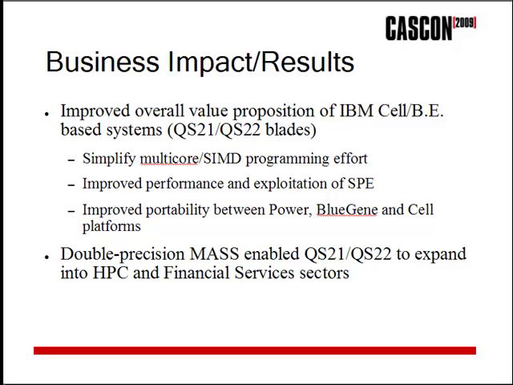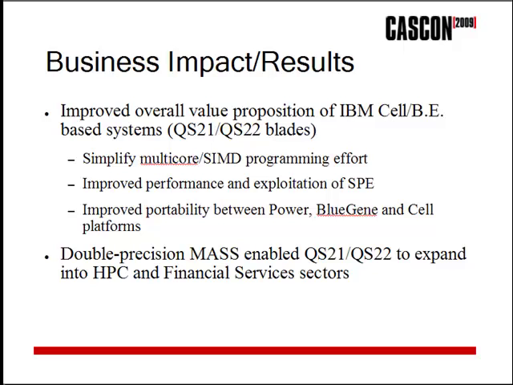Business impacts and results. The MASS library for Cell Broadband Engine greatly improved the overall value proposition for the QS21 and QS22 blade. It also helps simplify the multi-core and SIMD programming effort while improving performance and exploitation of the SPEs.